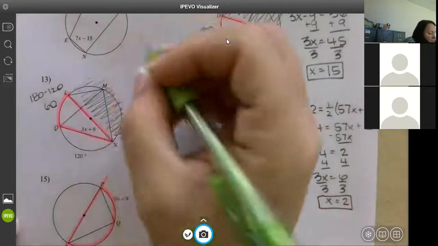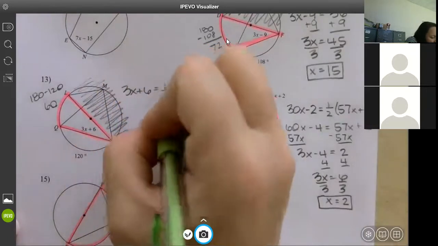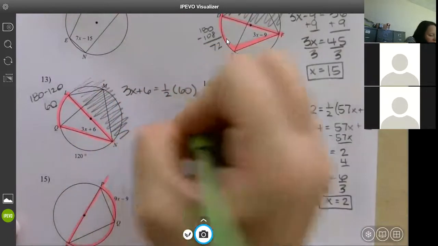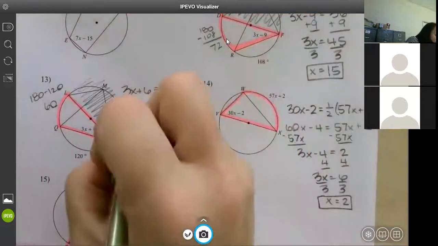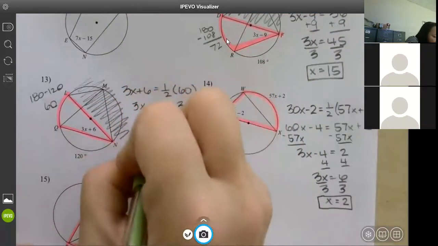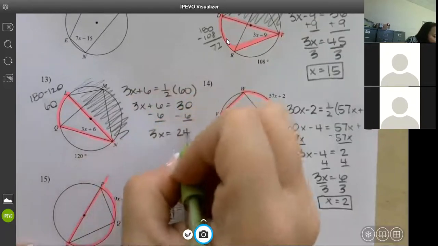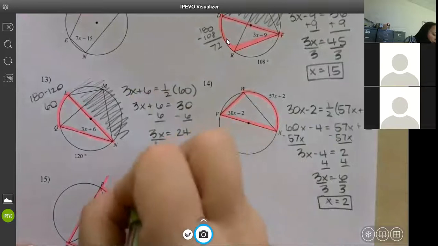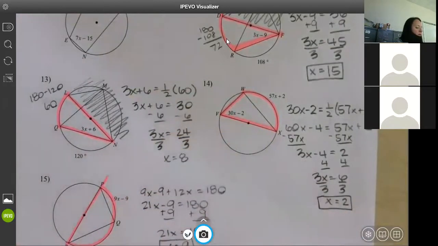So then your angle, 3x plus 6 equals half of your arc, which is 60. Half of 60 is 30. We're going to subtract 6. We get 3x equals 24. We're going to divide by 3, and we get x equals 8.